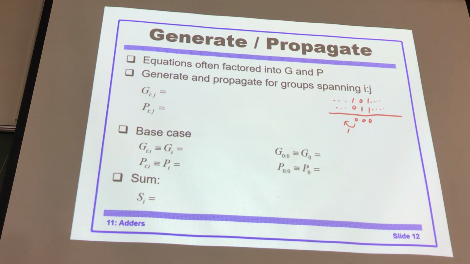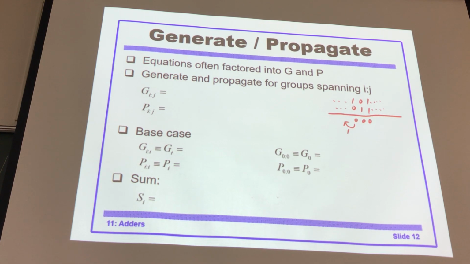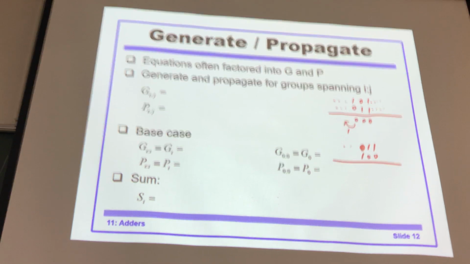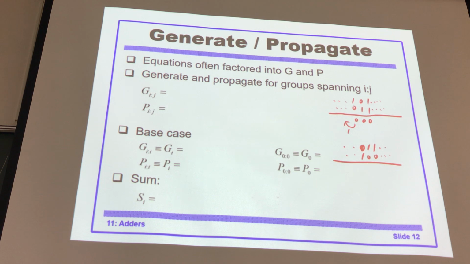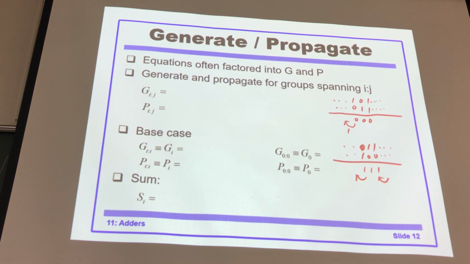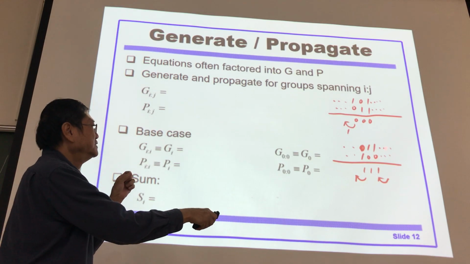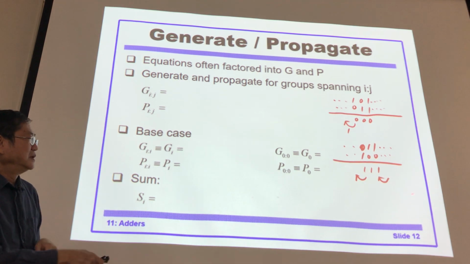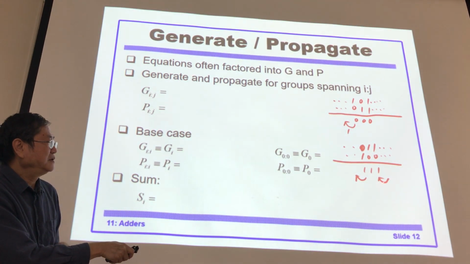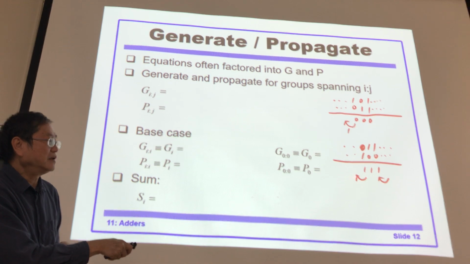How about P, propagate? Good carry propagate is like this. If this 3 bit is a group, if carry in is 0, you get carry out 0.